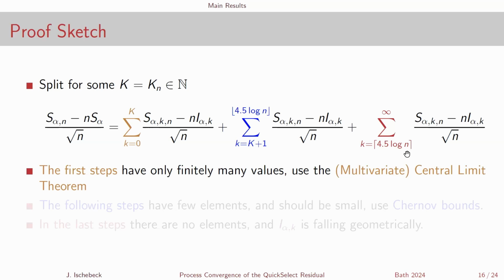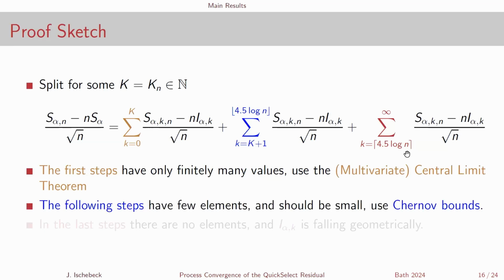So we only have 2 to the k many different values. And for them, we can use the multivariate central limit theorem. And as we increase k, these intervals are always getting smaller. So these values are usually very small and have few elements.